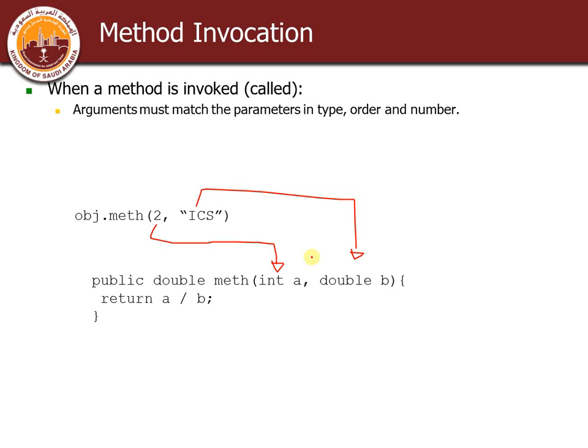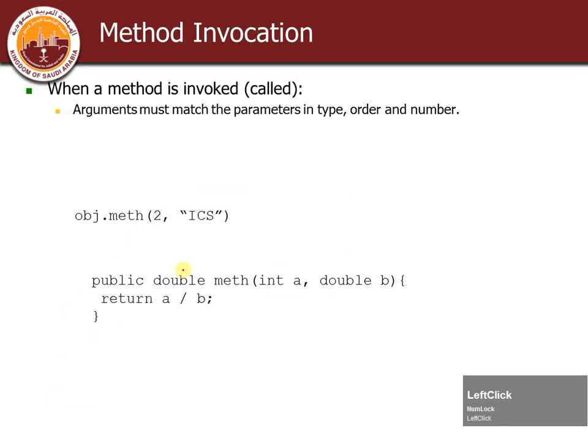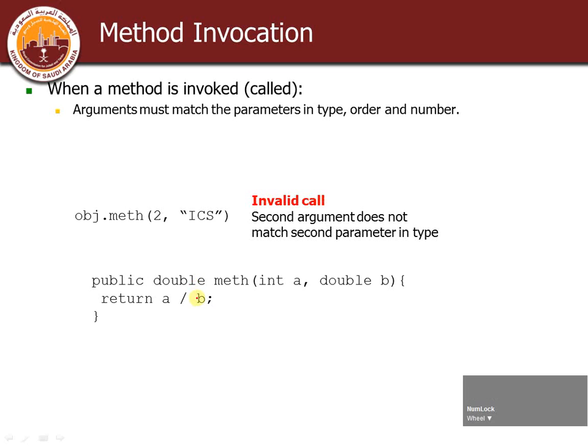So when you call a method that has many arguments, you have to be careful to send the information according to what the method is expecting. This method expects two values. The first one is an int and the second one is a double, and this is how we send those two values when we call the method. Then we just need to make sure that the data types are respected. In this case, this is going to give us a problem because the second argument does not match the second parameter.